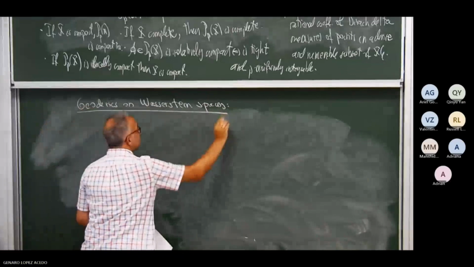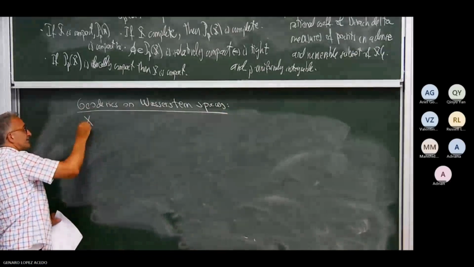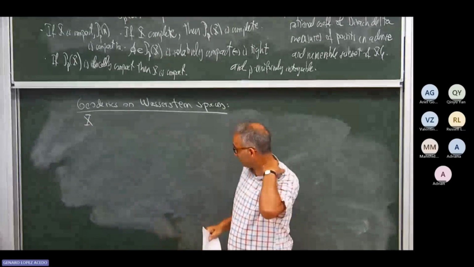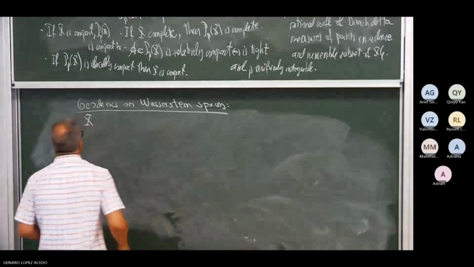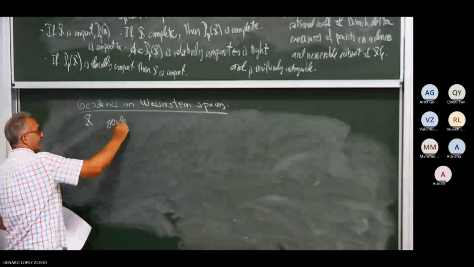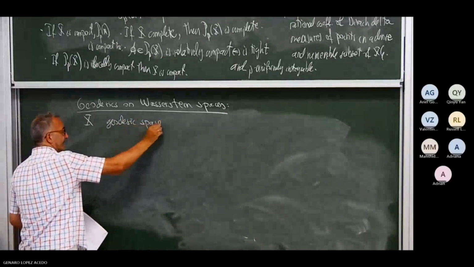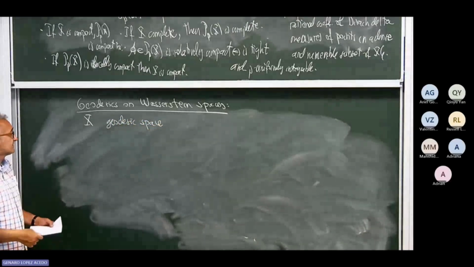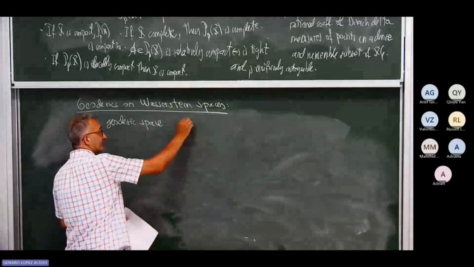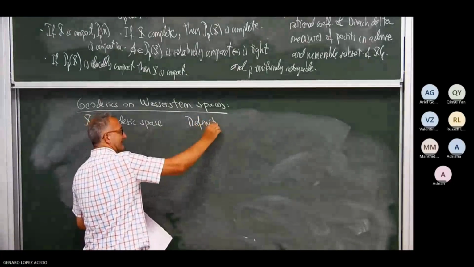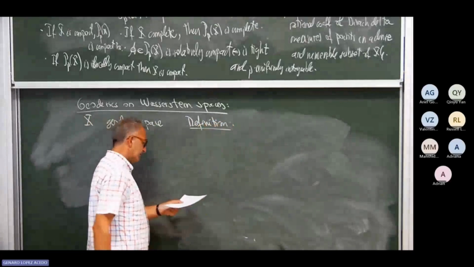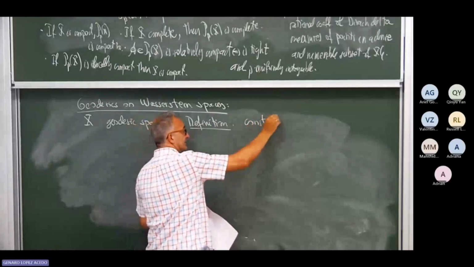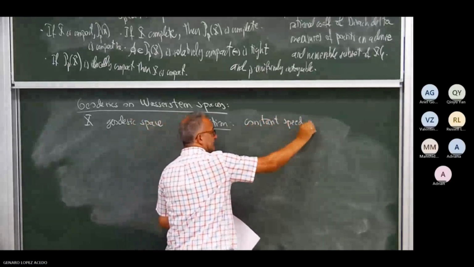We may think of X, being separable and complete, as also geodesic. Well, first, the notion of a geodesic segment. We can write the definition. It's a constant speed geodesic.